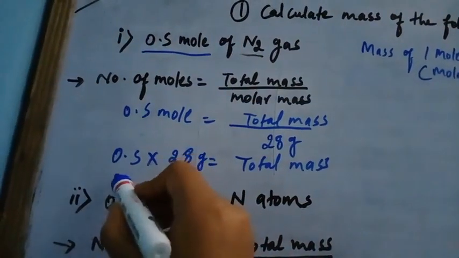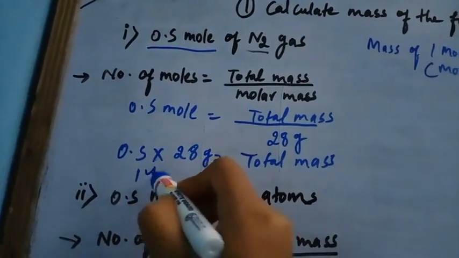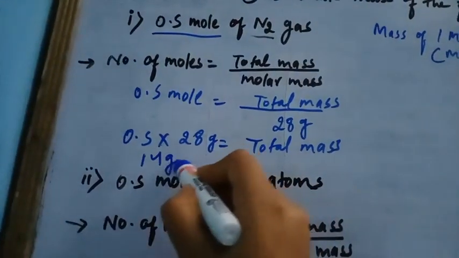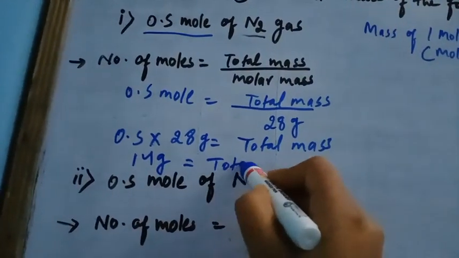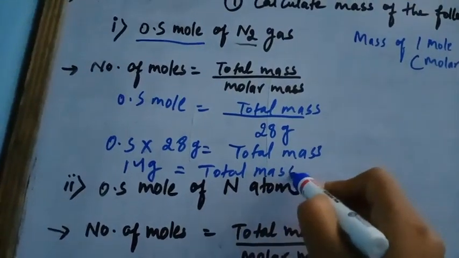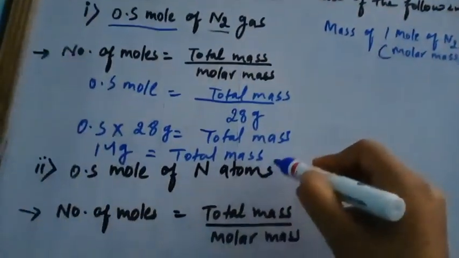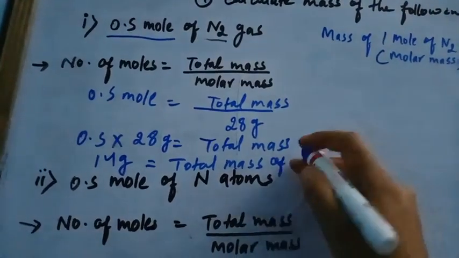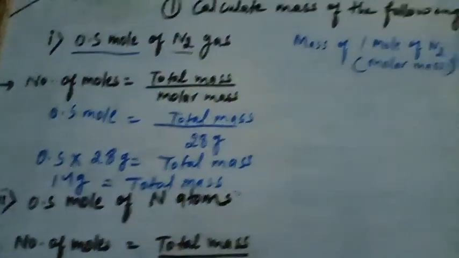It will be 14. Okay, 14 gram is equal to the total mass, which is asked here, total mass of N2 gas.